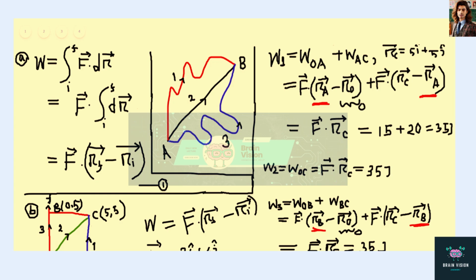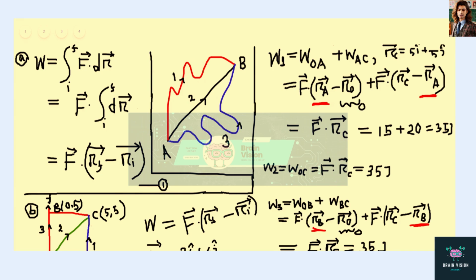When work done only depends on the initial and final position of the object, the force is called a conservative force, because work done is path independent. This is clear from this equation 1.